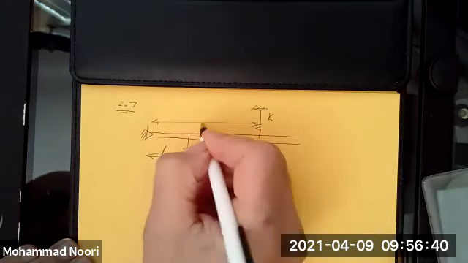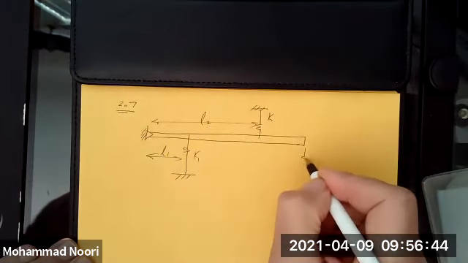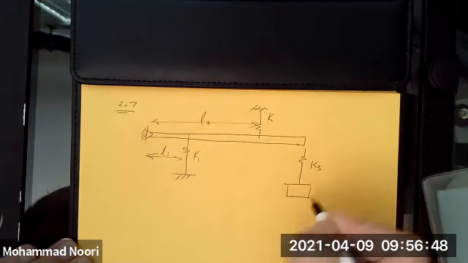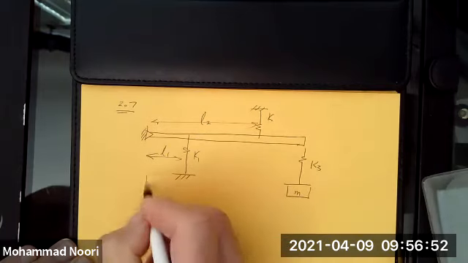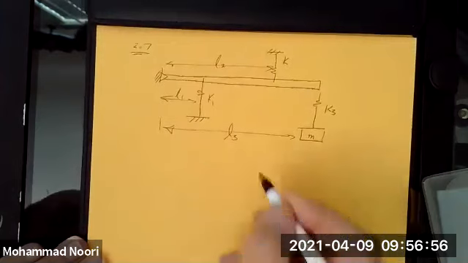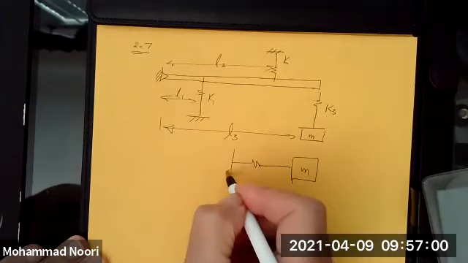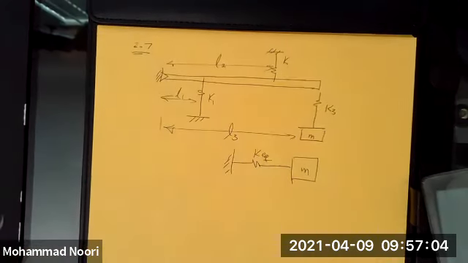This is at a distance L2. And then at the tip of this beam, you have another spring that carries a mass. And the problem, again, is asking you basically to model or set up this model for this system.